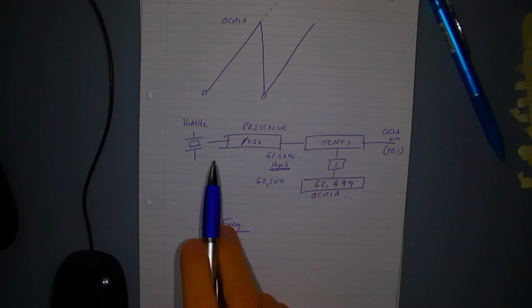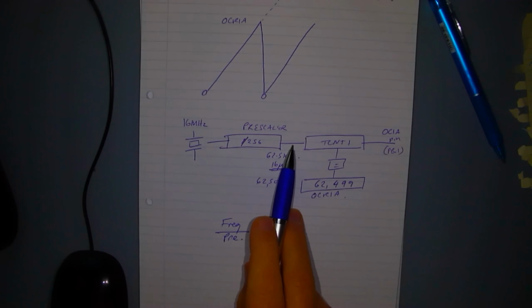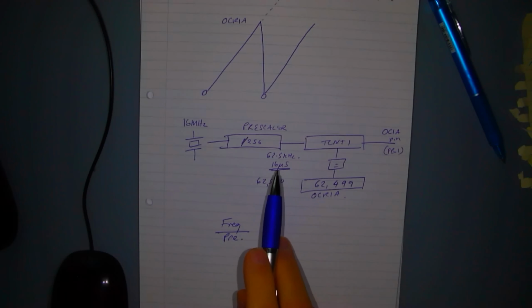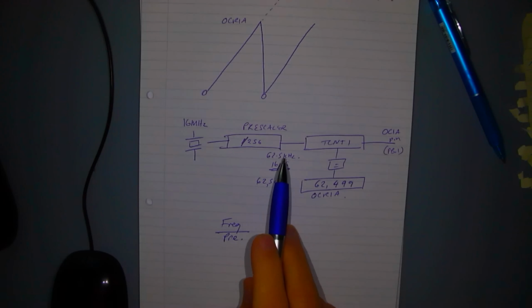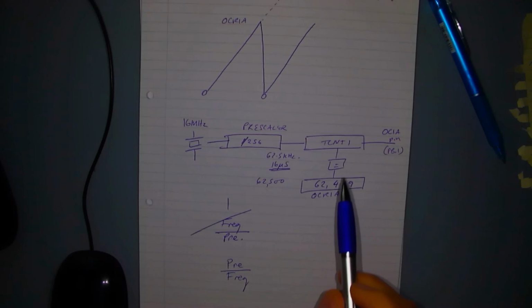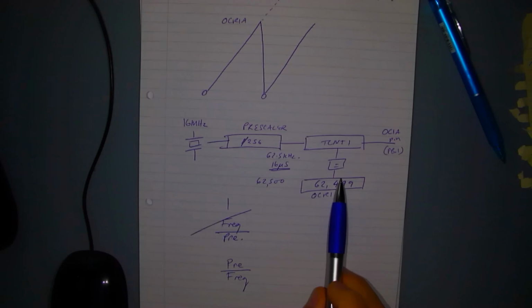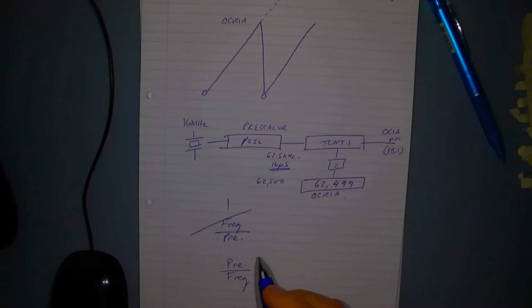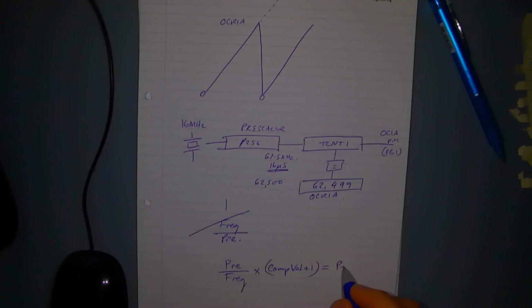We're dividing that by that to get this, and then we're actually using the period of this signal, not the frequency of it, so I want to invert that. Therefore it's the prescaler divided by the frequency, multiplied by the compare value plus 1, and that will give us the period.